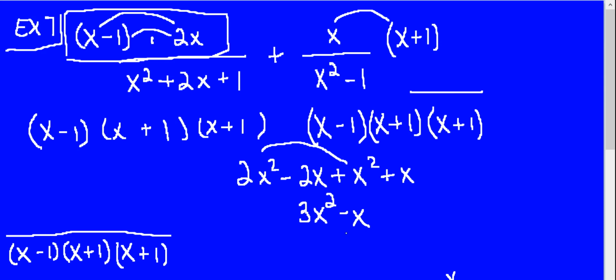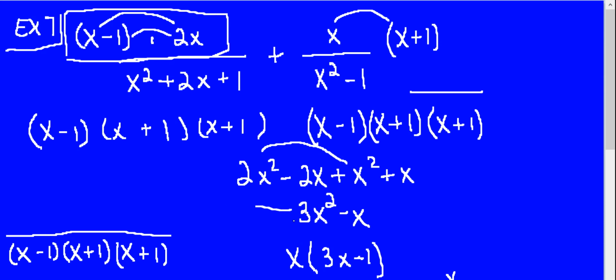Okay, and can I get an x plus 1 or x minus 1 out of there? I don't think so, but I'll try. So I'm going to factor out an x here, and what's left is 3x minus 1. So I do not have another x plus 1 or x minus 1. All right, so I'll put this one back.